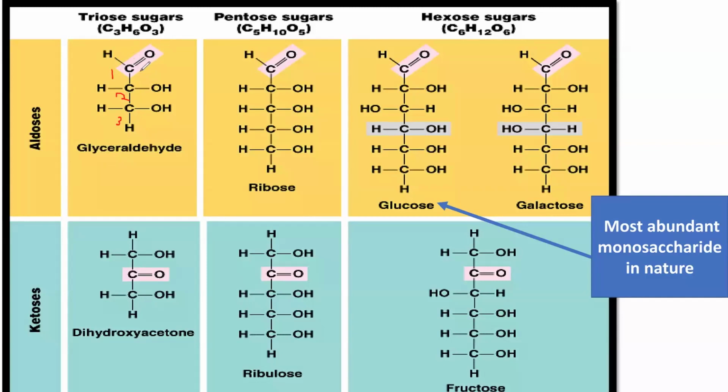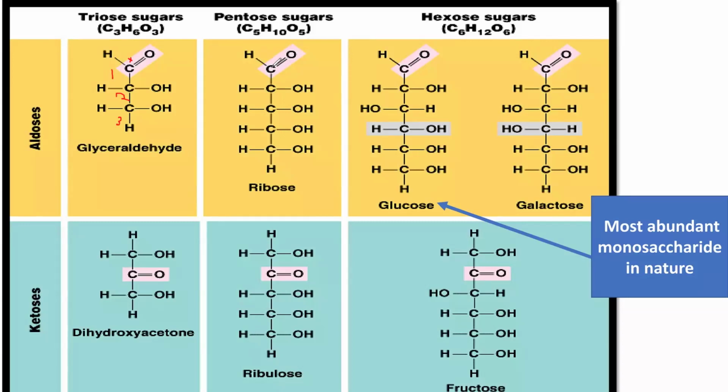And remember, when we were talking about functional groups, I told you that we have the ketone functional group and the aldehyde functional group. One unique thing with the aldehyde functional group is the carbonyl carbon, and this is the carbonyl carbon. This carbonyl carbon always has a free hydrogen attached to it, so that is why it is an aldehyde functional group. So we have glyceraldehyde, and look also at ribose. In the case of ribose, if you look at this carbonyl carbon, you will also observe that there is a free hydrogen.